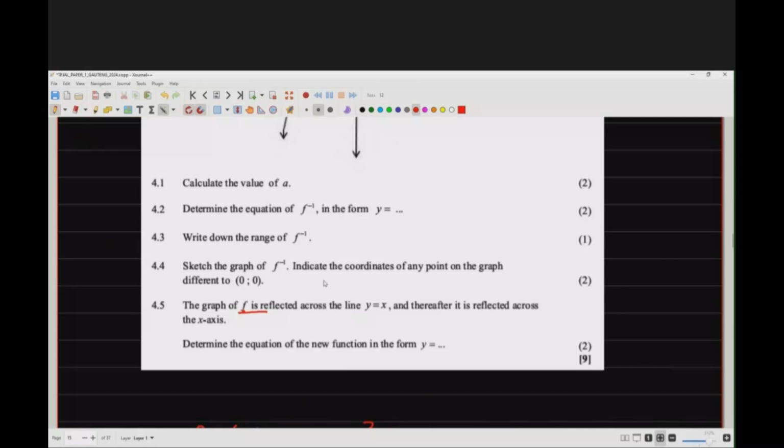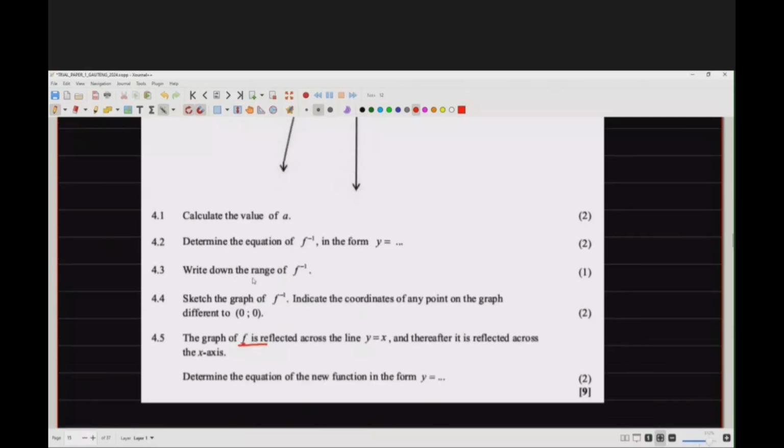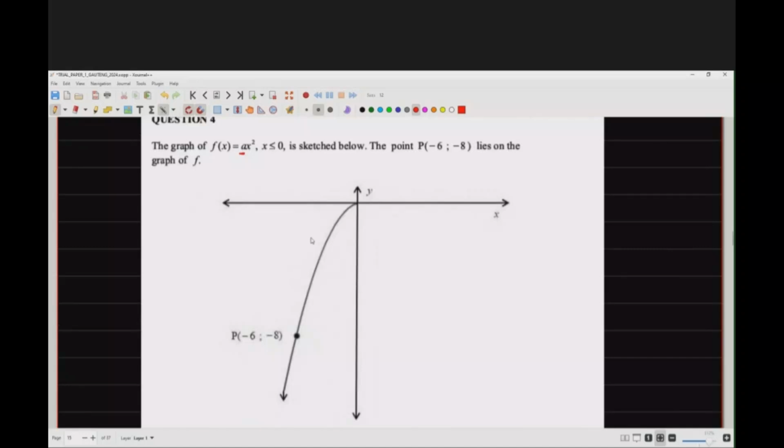What you have to realize here is that this is the same graph that we sketched in 4.4, because that's essentially the inverse graph if we reflect f about the line y is equal to x. And the reflection across the x-axis here means that the reflection is going to happen about the x-axis.